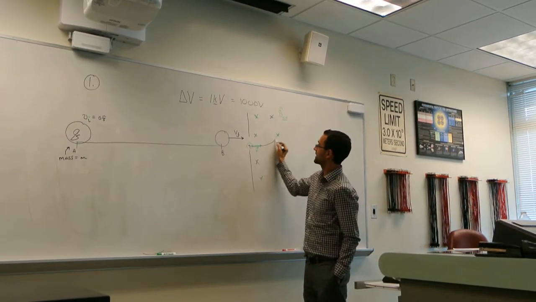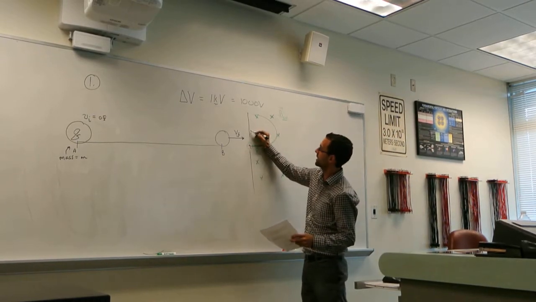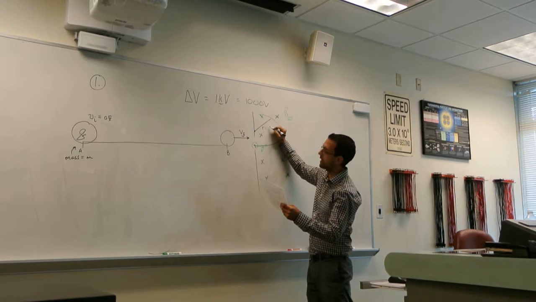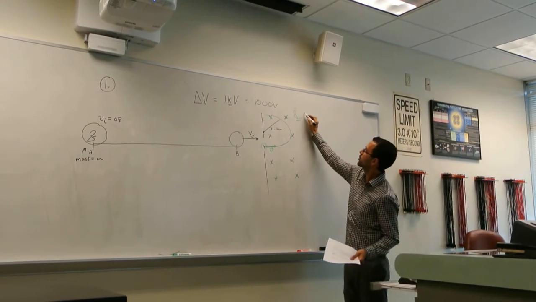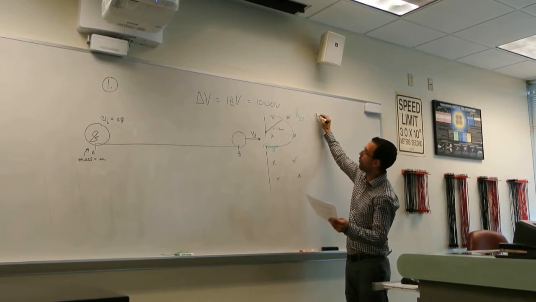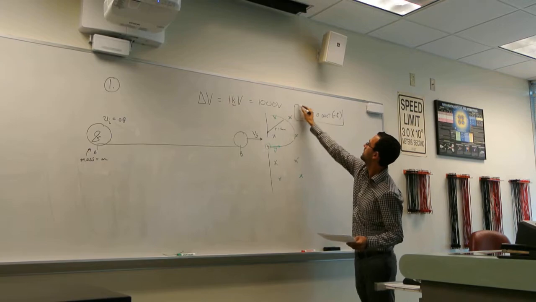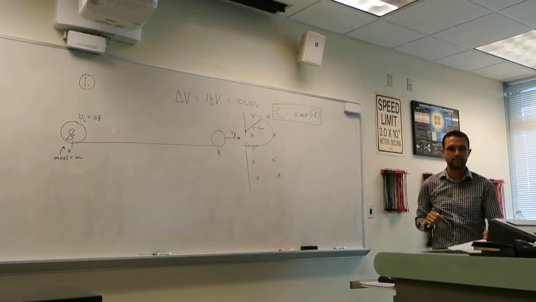So it's going to get deflected, and it's going to form some type of orbit inside of that magnetic field. And there's going to be a radius to that orbit. The radius of that orbit is 5 millimeters, as given in the problem. Okay. And the external magnetic field is 0.040 Tesla in the negative k hat direction. Okay. Why negative k hat? Because into the board. Excellent.